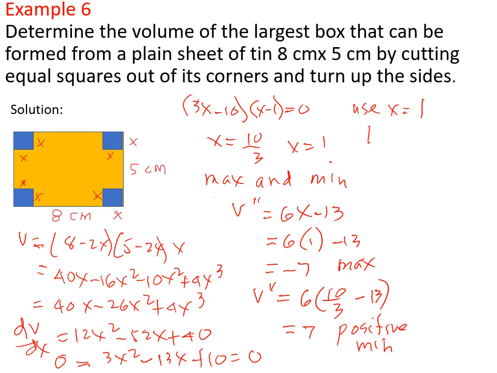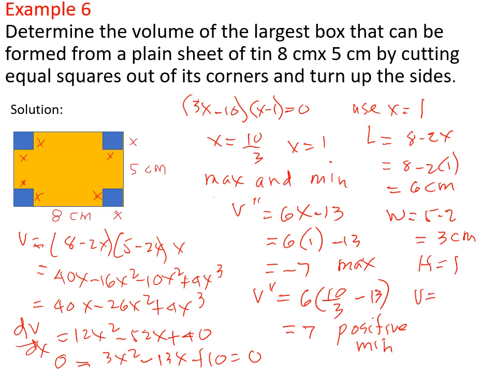Your length L equals 8 minus 2x, 8 minus 2 times 1 equals 6 centimeters. Your width equals 5 minus 2 equals 3. Your height equals 1. So your volume equals 6 times 3 times 1 equals 18 cubic centimeters.